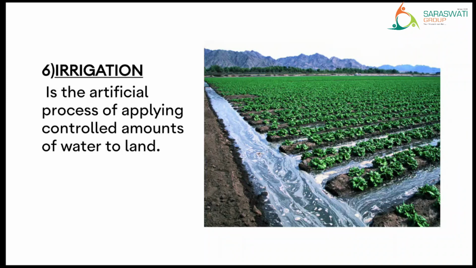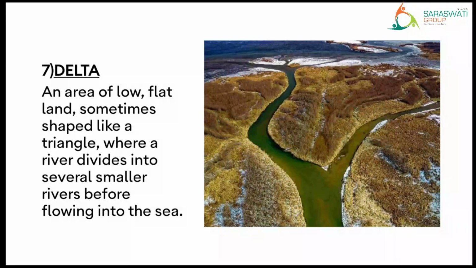So plants need a controlled amount, means an appropriate amount of water should be supplied. So irrigation is the artificial process of applying controlled amount of water to land. Clear? Next, delta.